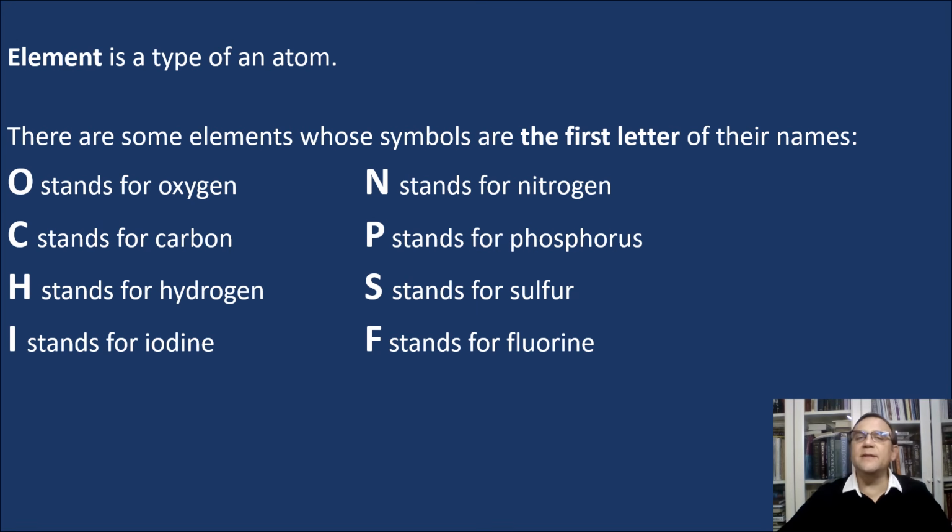Let's discuss the symbols we use for elements. Some elements are represented by the first letter of their names, such as capital O for oxygen, capital C for carbon, capital H for hydrogen, capital I for iodine, which means violet due to the color of iodine vapors, capital N for nitrogen, capital P for phosphorus, from the Greek word meaning morning star, because phosphorus glows in oxygen.